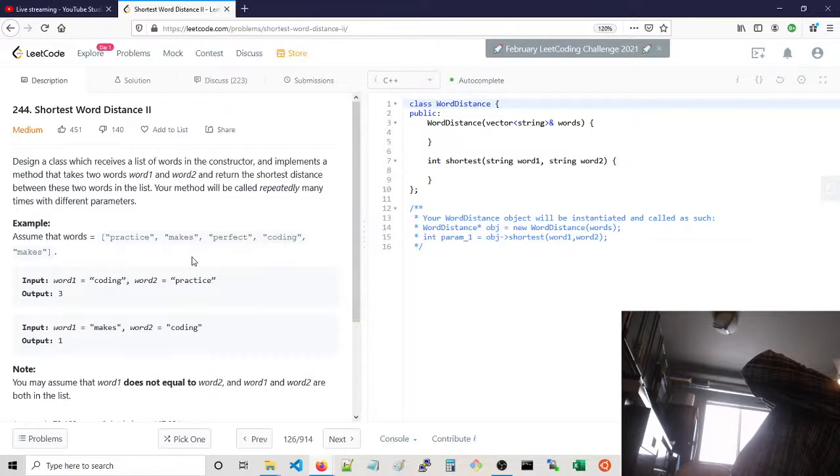Cross product's not the right term. I keep using the word cross product. I used that in the last problem. It's actually a Cartesian product.